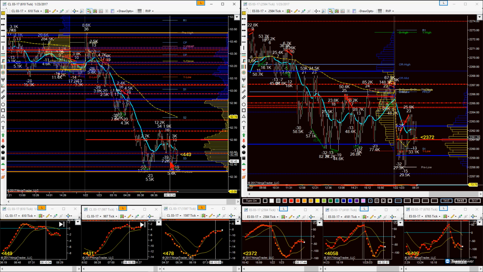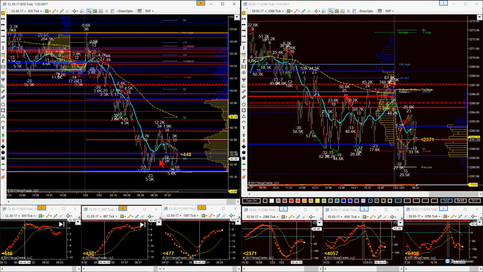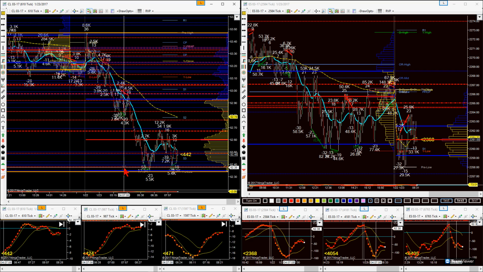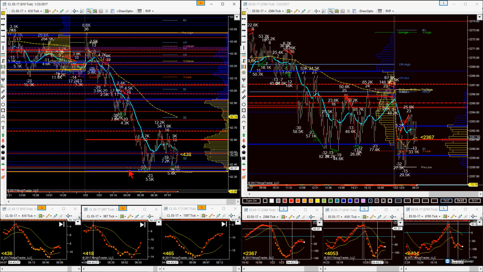We've actually formed a divergence here at the bottom. If you were trading at that time, you actually do have a decent trade setup down here. Divergence at the bottom off of a level that matters to us.